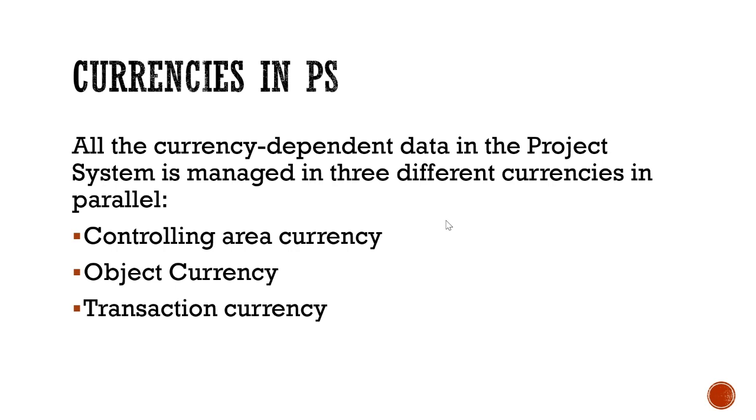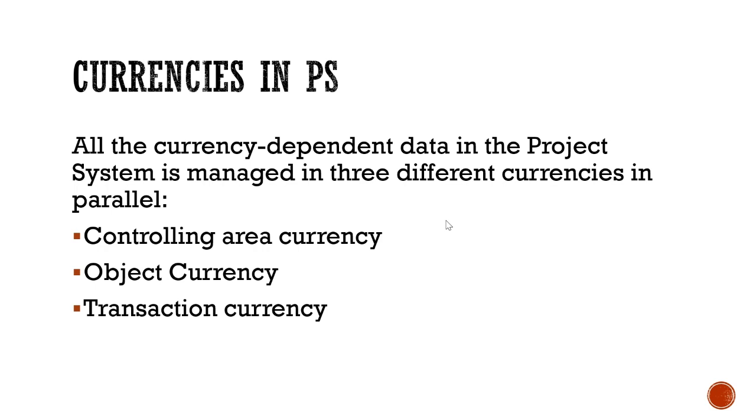Whenever data is flowing during project execution, or any transaction or posting happens, all the project system data in the reports is presented in these three different currencies. So we can display a project system report with these three currencies for all the transactions that happened against that project.